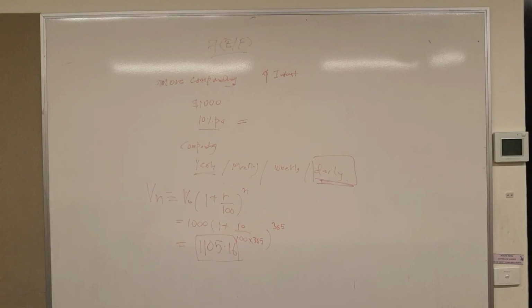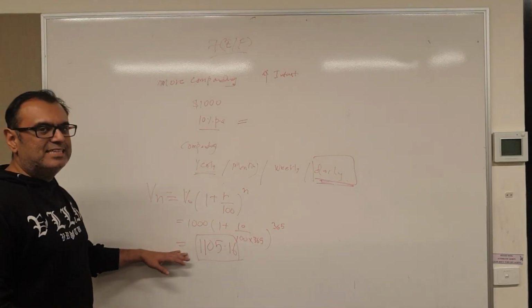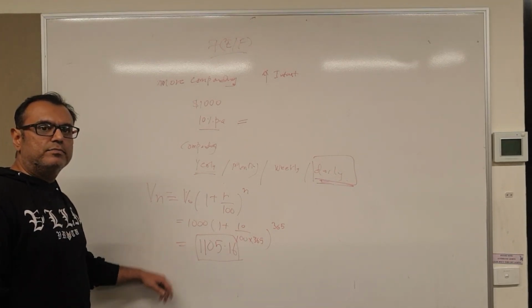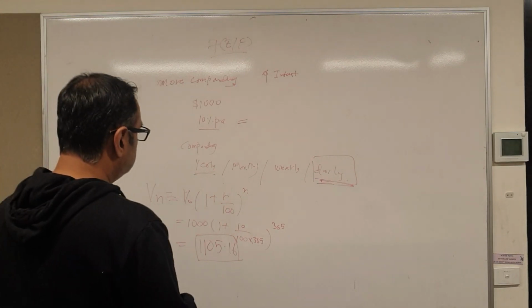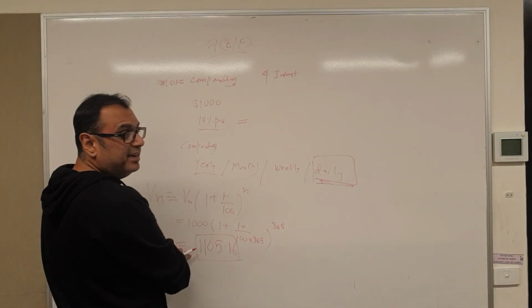right? How much interest has he earned, Danu? Can you tell me? 105.16. So you subtract the initial principal from the final amount.